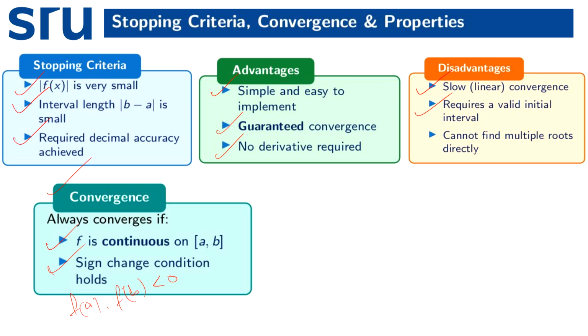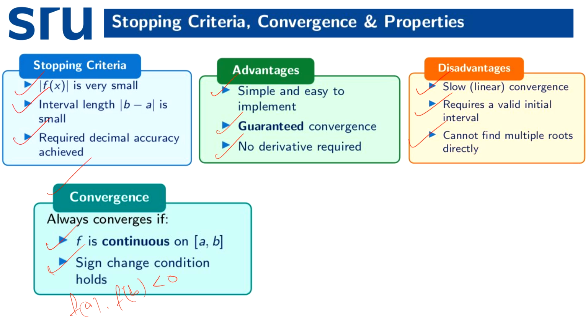Also, it requires a valid initial interval. That means we must find a and b such that the sign condition holds. Again, it cannot find multiple roots directly, because it only works within one interval at a time.